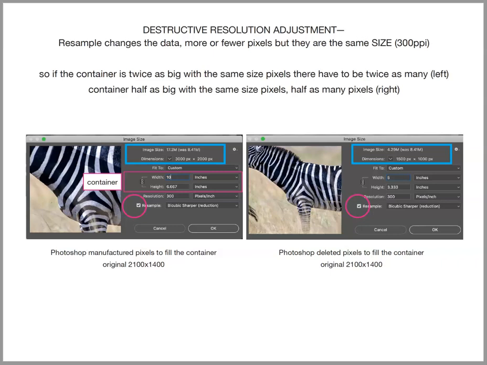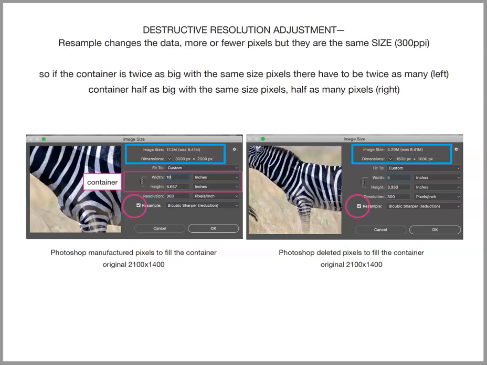I am going to change my container. I have a container and my container is 10 by 6.667 and my resolution is 300. So I know how big my pixels are in a square inch. I have 300 by 300. So that's the size of the pixel.